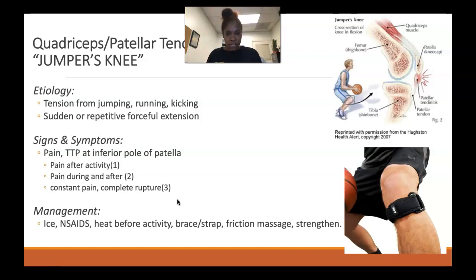You can do that with protection, right? Protection, rest, ice, compression, and elevation if it's swollen. Certainly can give oral NSAIDs. And then the biggest thing with these is like, how do we increase flexibility? Either flexibility of the muscles that they're attaching to, right? Or movement of the patella if that's the issue, right? So if we have this very stabilized patella and it's not doing what it needs to do, then guess what?